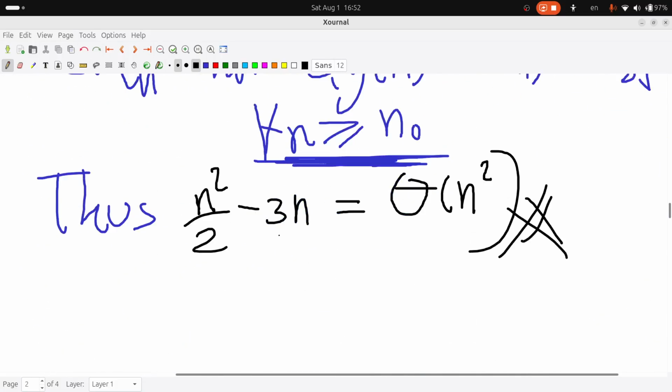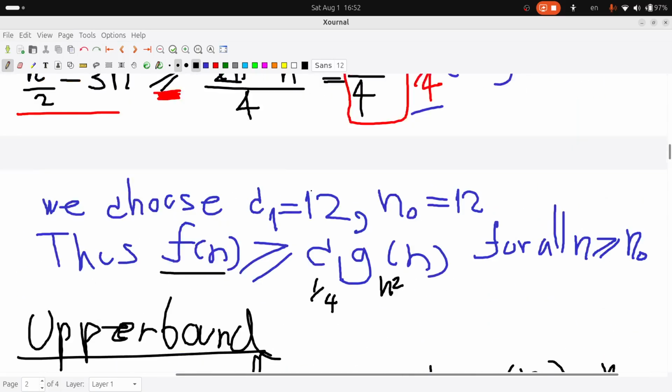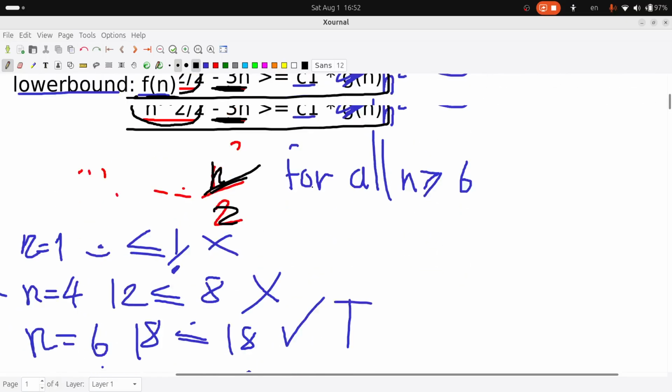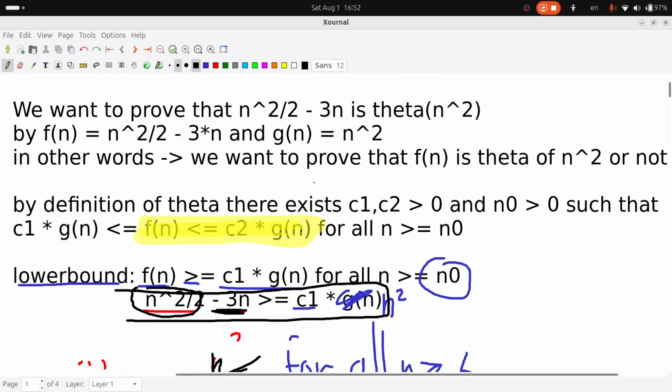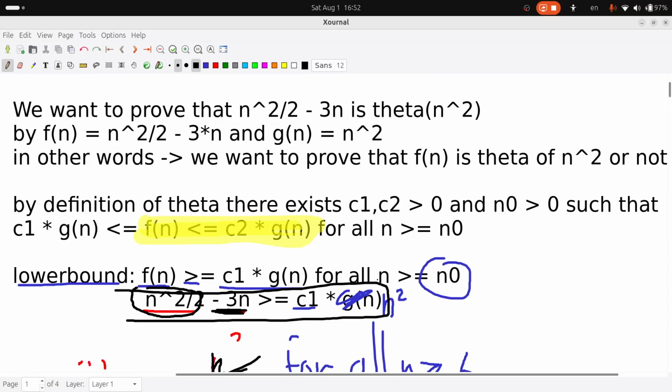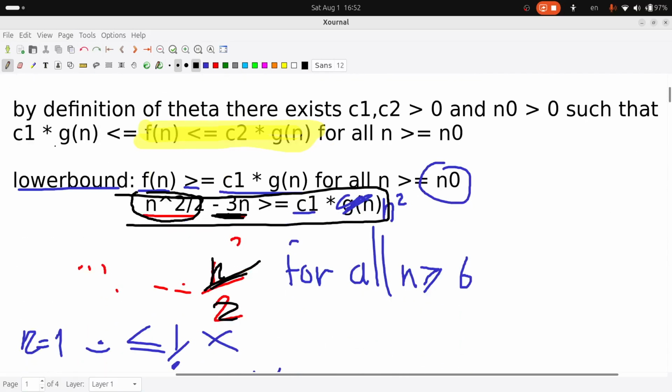So we can prove this. Let me remind you how to prove the theta notation again. The first thing is, you have to know the definition of theta notation, and it is the lower bound and upper bound.